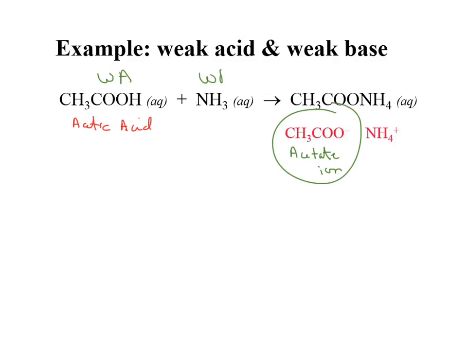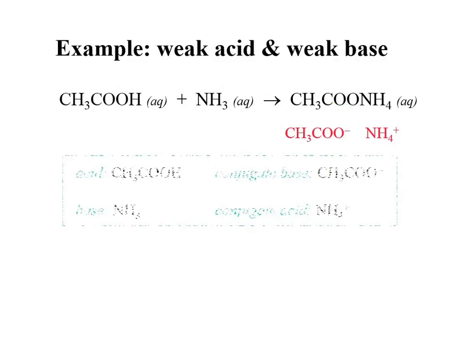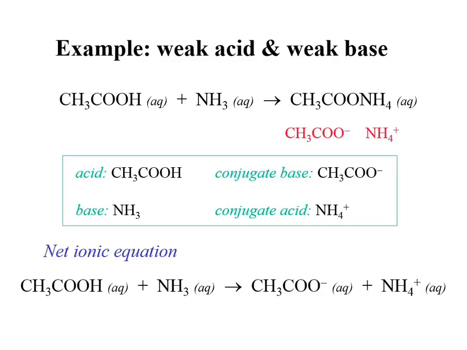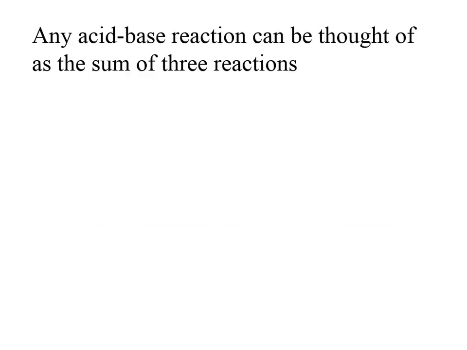Ammonia is a weak base. Conjugate acid-base pairs differ by a proton. And net ionic equation. Differ by a proton. See, this stuff goes fast.